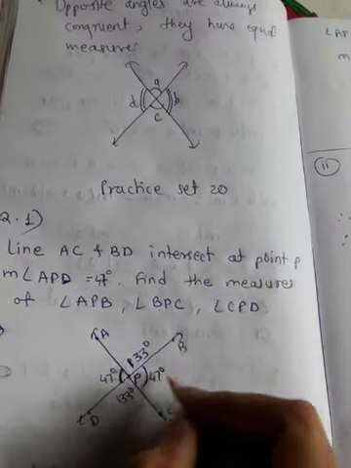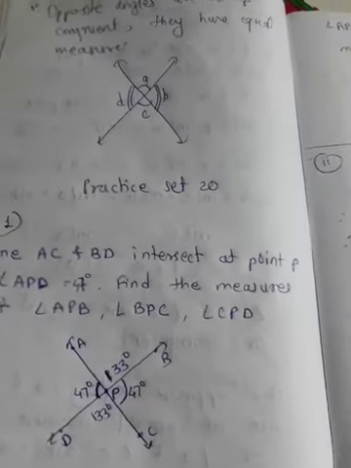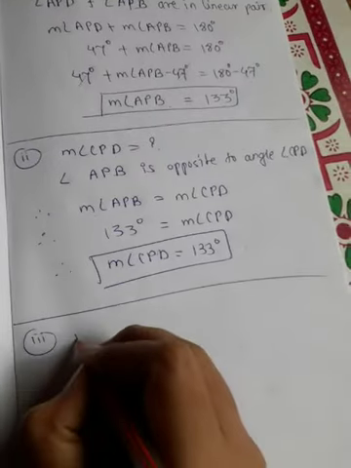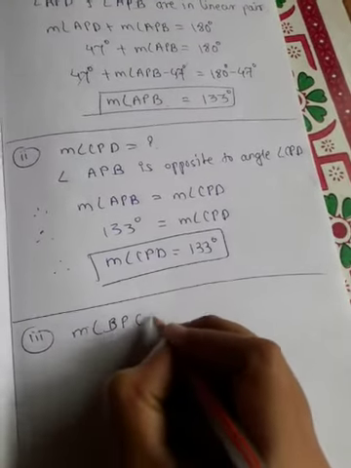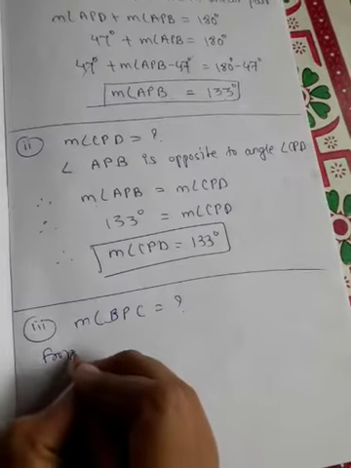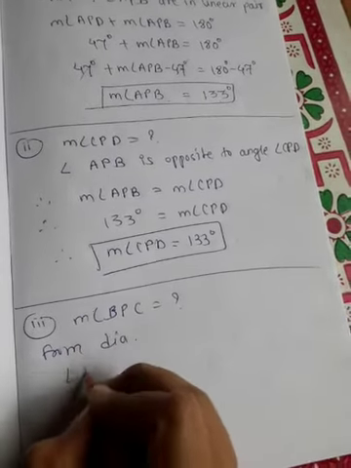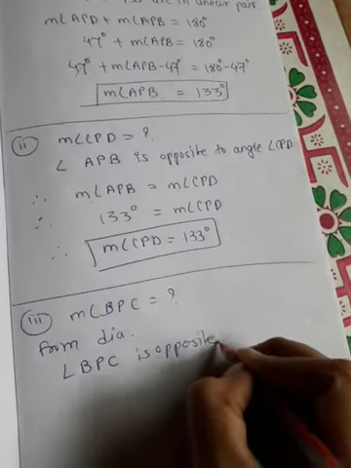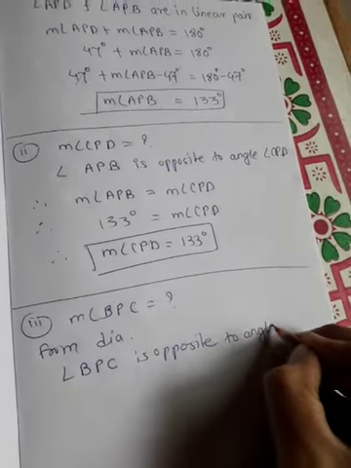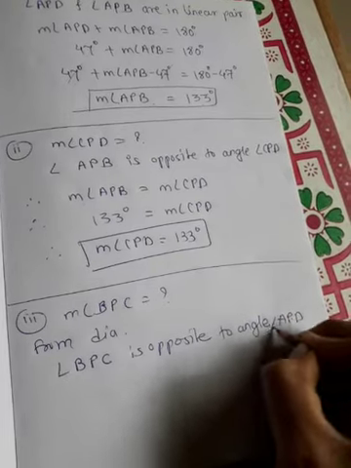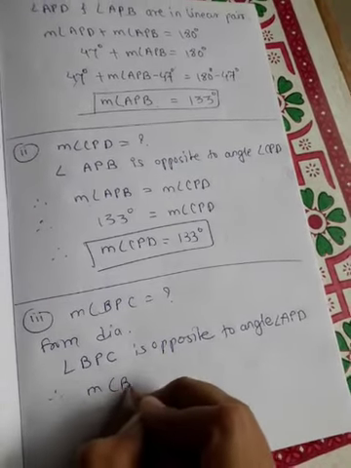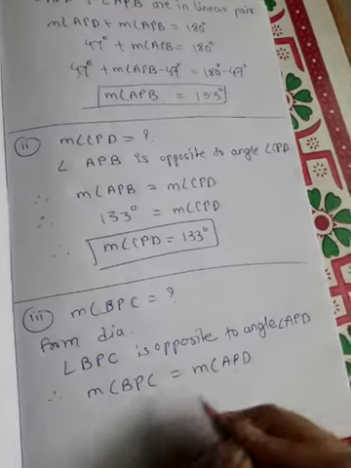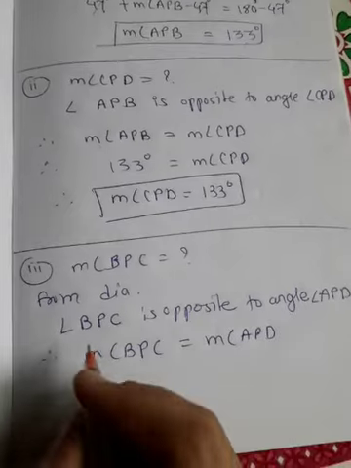So in answer, third, the measure of angle BPC is equal to, from the diagram you can say that angle BPC is opposite to angle APD, and therefore the measure of angle BPC is equal to the measure of angle APD, because opposite angles are of equal measure.